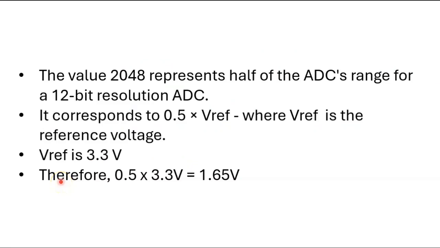Okay, let me explain why I chose the value 2048. The value 2048 represents half of the ADC's range for a 12-bit resolution ADC. This value corresponds to 0.5 multiplied by Vref, the reference voltage.